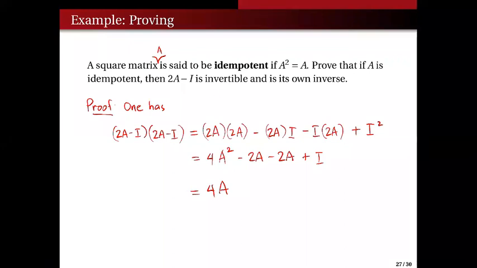So in here, since A is idempotent, A squared is equal to A. And then here you have minus 2A minus 2A, so that's just minus 4A, and then plus the identity matrix. And of course, 4A minus 4A is just 0. So you will have the 0 matrix plus the identity matrix, and you will get the identity matrix.